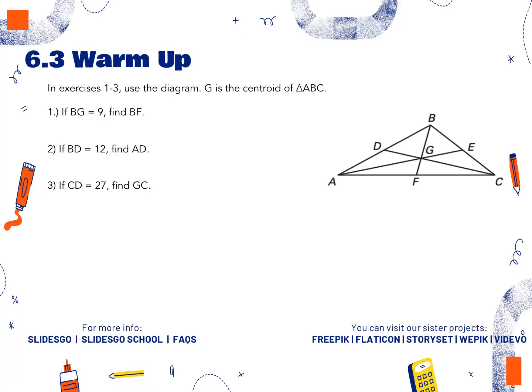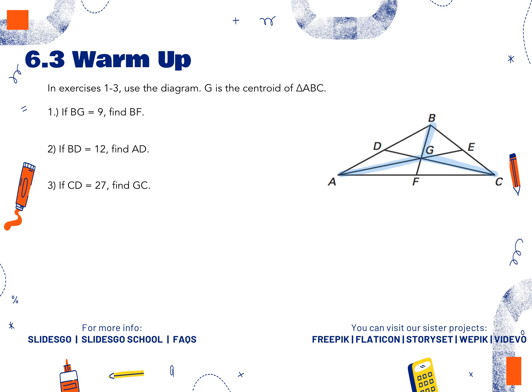In 6.3, we learned about the centroid, and we learned that the centroid is the point of concurrency of the medians. When we look at these medians, the portion that goes from the vertex to the centroid, these are all the 2/3 portions.